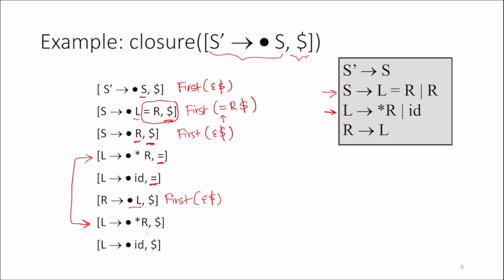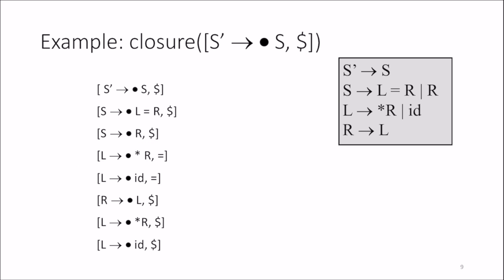And then we have L goes to ID. Again, if you compare these two, they are identical except that the look ahead is different. And that's the complete closure. There's no other elements that we need to add to this closure. We've covered all the different non-terminals, including all the different look aheads that can occur.